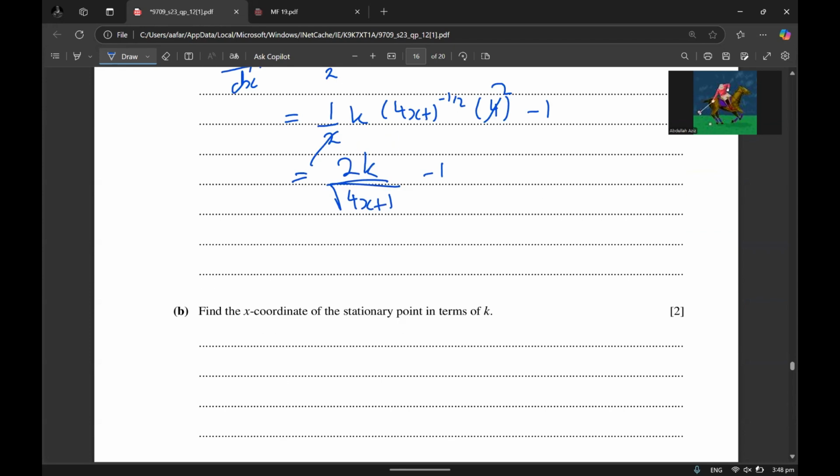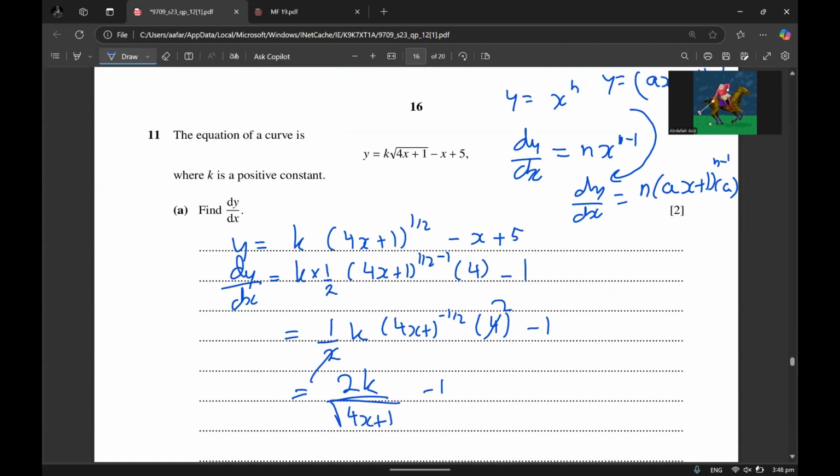Find the x coordinate of the stationary point in terms of k. So we know if this is the graph, let's say this is the stationary point, the turning point. So over here, dy dx is basically the gradient of the tangent at that specific point, right? So the gradient of the tangent will be 0. So we can equate 2k over under root (4x plus 1), minus 1, is equal to 0.